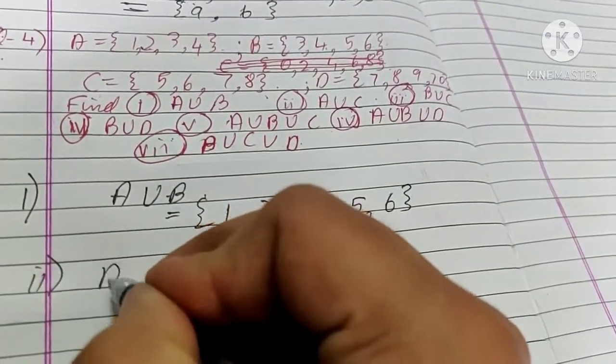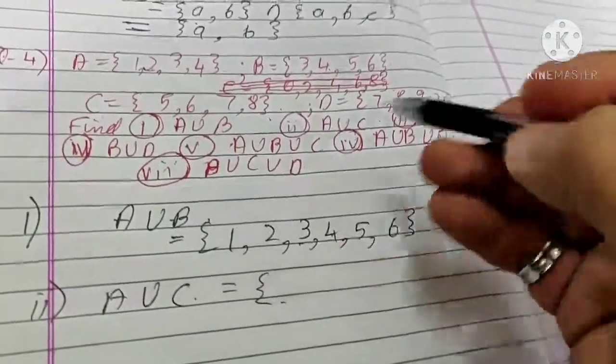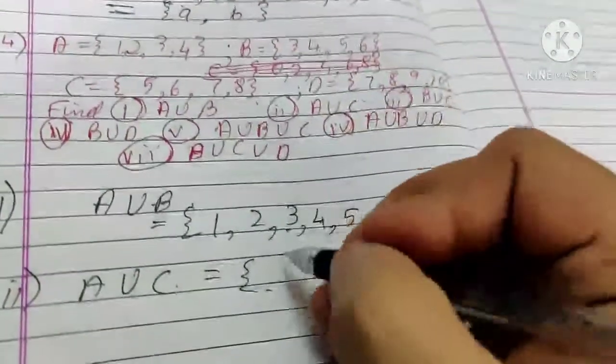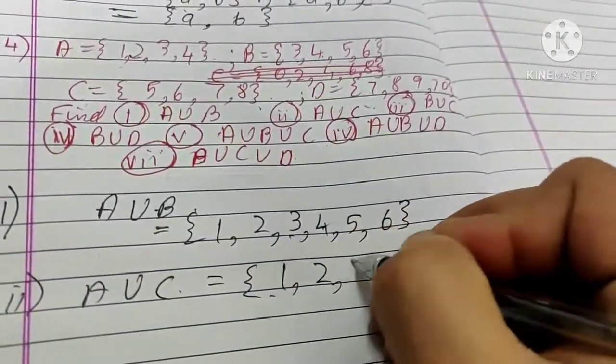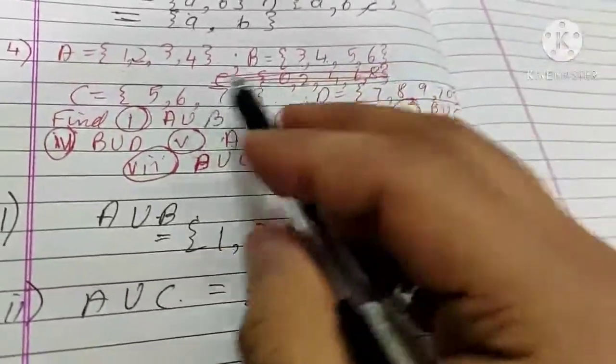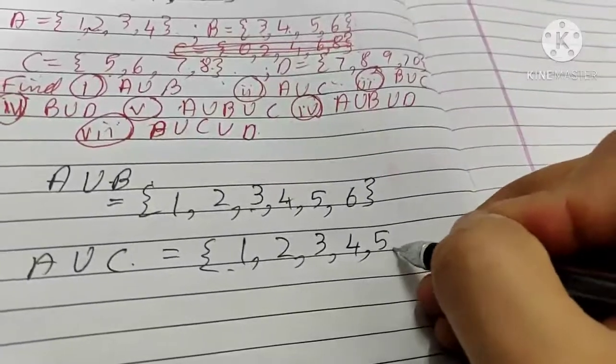Second part here is A union C. What is A union C? Here our A is 1, 2, 3, 4, taking A first. What is C? 5, 6, 7, 8. Nothing is common.